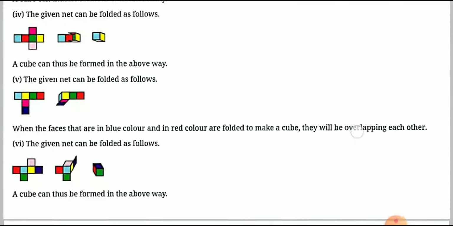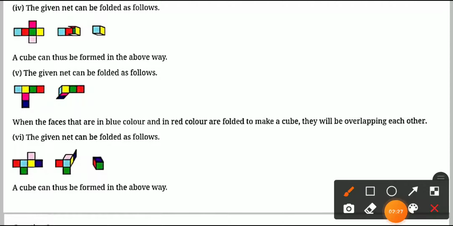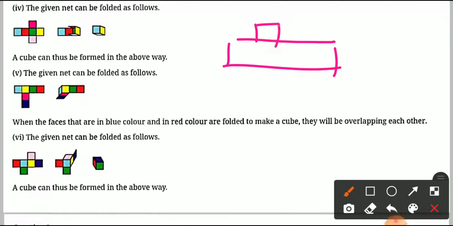And later on, after making all these nets, this is how you have to paste them in your register. Suppose this is the net of a cube. In this you need to paste only the shaded part in your copy, and the remaining part let it be open.